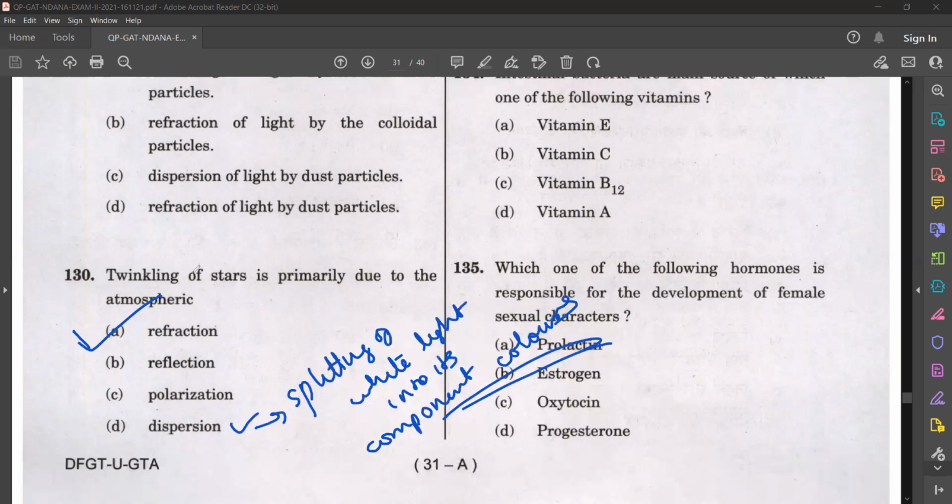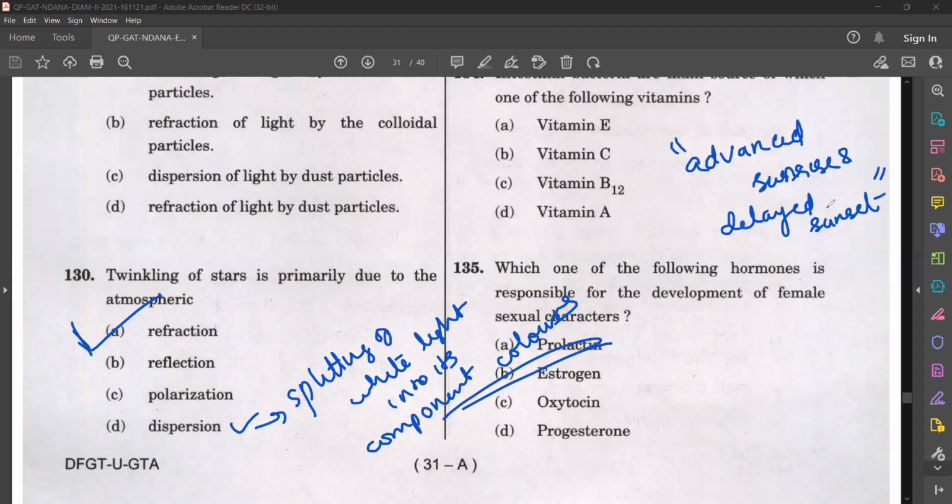And one more example for refraction that you study in class 10 NCERT is advanced sunrise and delayed sunset. That is another example of atmospheric refraction.